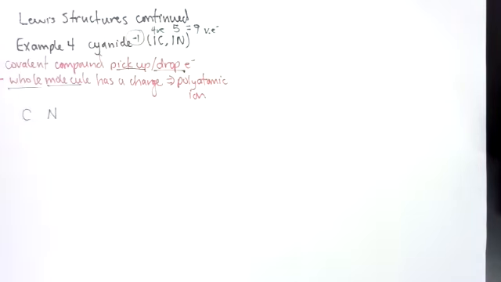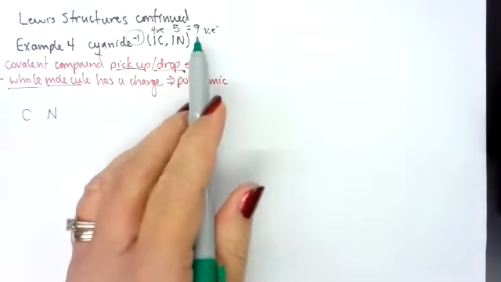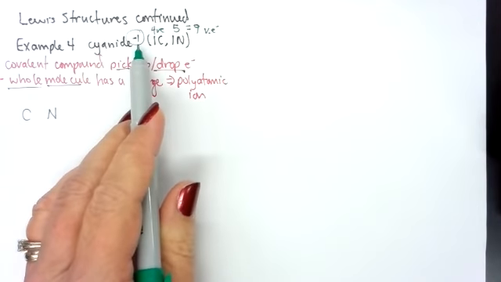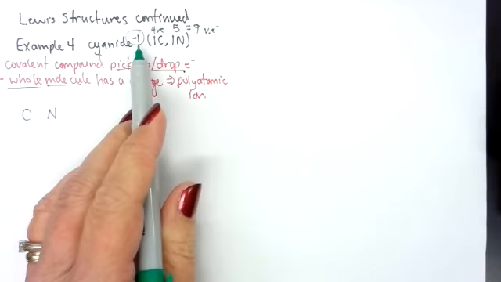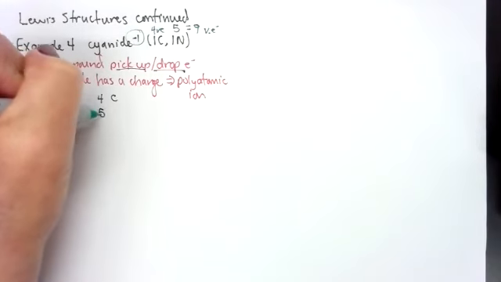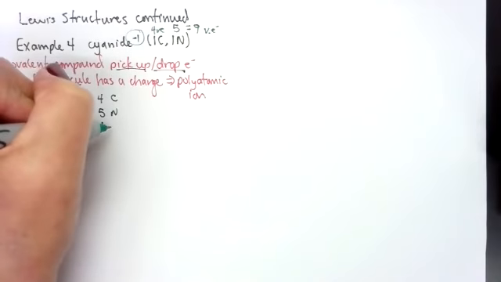But look at this guy. He has a -1 charge. So that means that in addition to my 9 valence electrons, I picked up an extra. So when I look at my total allowable electrons, I have 4 from carbon, I have 5 from nitrogen, and I have 1 extra.